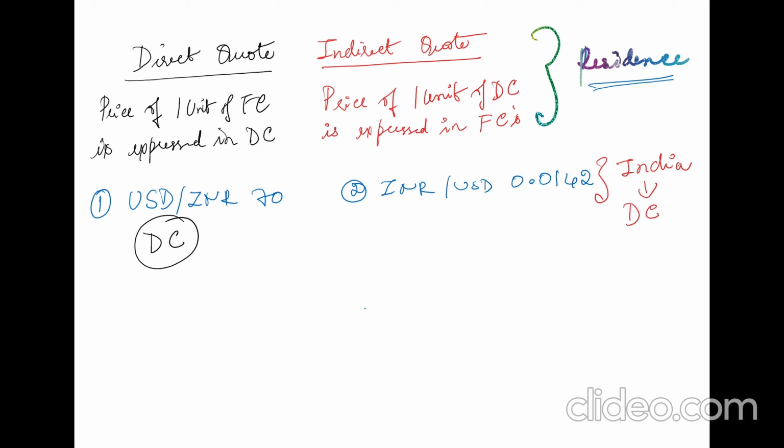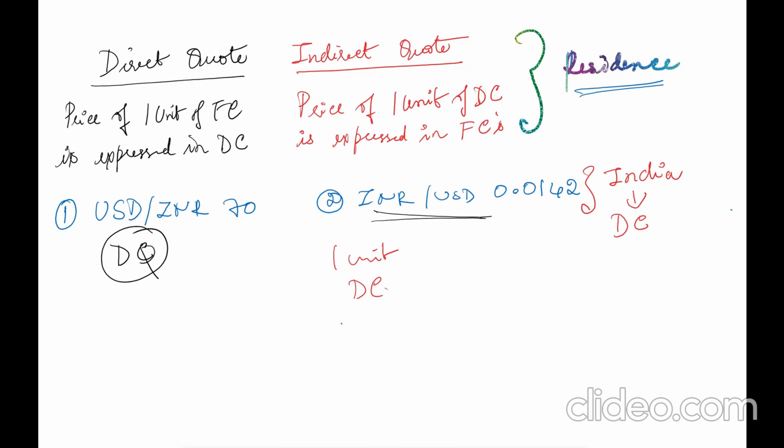If USD INR is a direct quote, then INR USD will be considered as an indirect quote because the price of 1 unit of domestic currency is expressed in foreign currencies in the second quotation. Our INR is in the base position, it is 1 unit and it is a domestic currency, the value of 1 INR is expressed in USDs. Therefore, INR USD quote is an indirect quote.